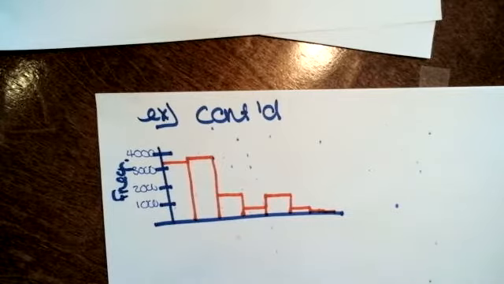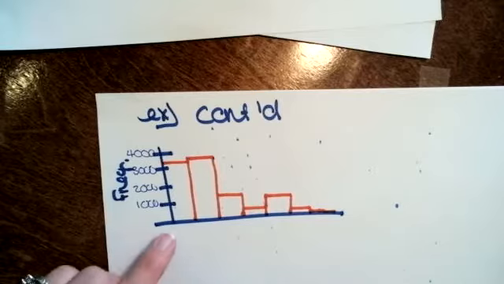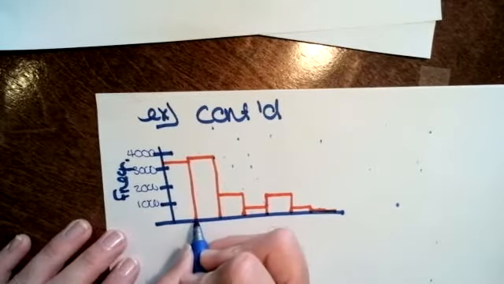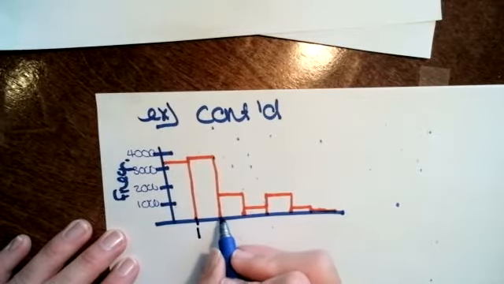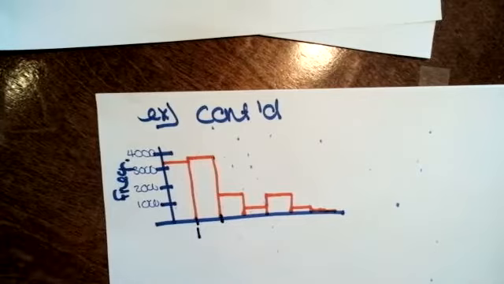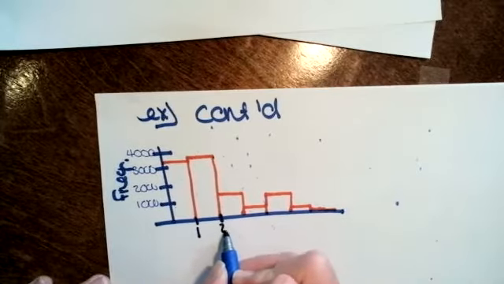Okay, so now I want to put my scale on this. So to put my scale on here, I'm going to show it like a range that it is, right? Because it's not just 1, it's from 0 up to 1, not including 1 for my first bar. So I am just going to put 1 right here. And at the end of the second bar, I am going to put 2 because that's where it ends, right?